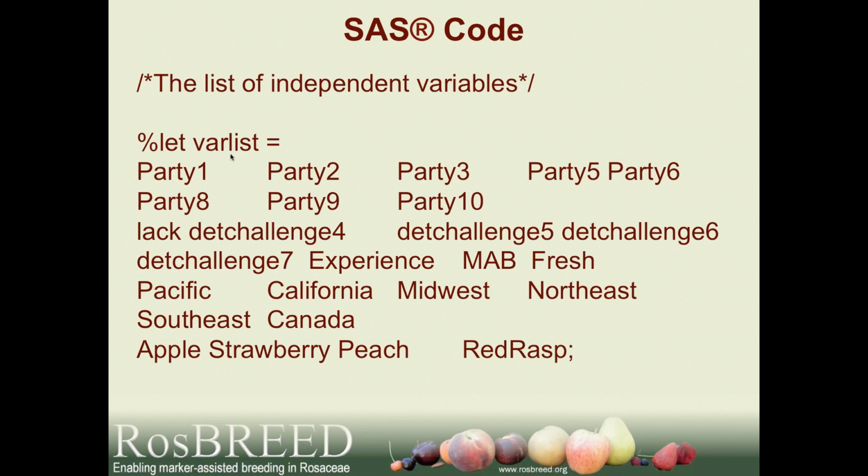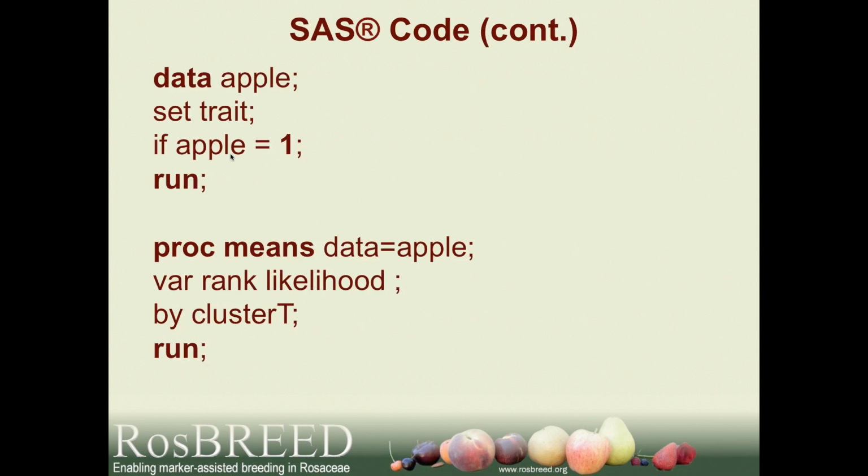Then in later SAS code, we just use this var list. When we use these variables several times, we do not need to rewrite all these variable names. We just use this var list to represent all these variable names.